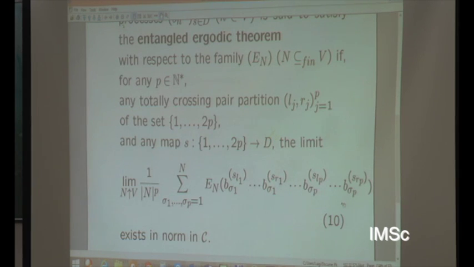We call it entangled ergodic theorem because, first of all, what does it have to do with the ergodic theorem? To understand this, suppose you are in a boson type situation. The boson type situation, corresponding to tensor independence, is when for different sigma you have commutation, so the B corresponding to different sigma commute.